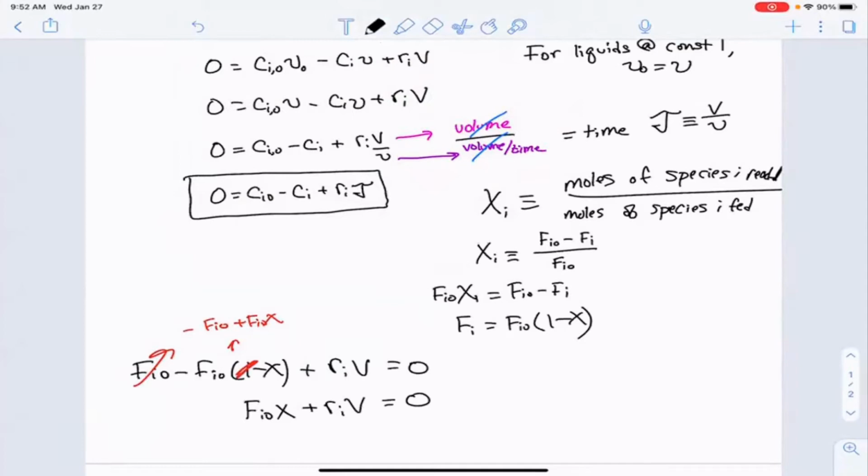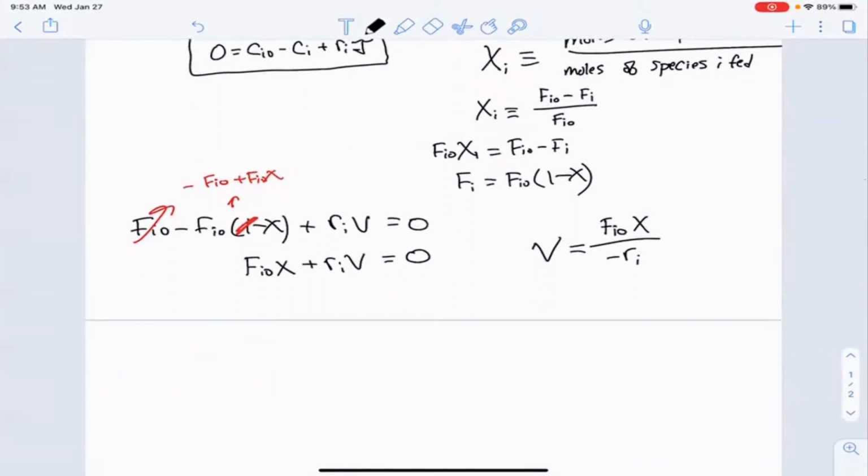And so if we look at this equation, well, we could always solve for the volume directly. Let's say we were asked, find the volume of the reactor needed to achieve a conversion of X amount. Well, then the volume would just be F_i0 times X over minus R_i. You also could think about this again in terms of the concentrations, because we know that F_i0 is just C_i0 times the volumetric flow rate.